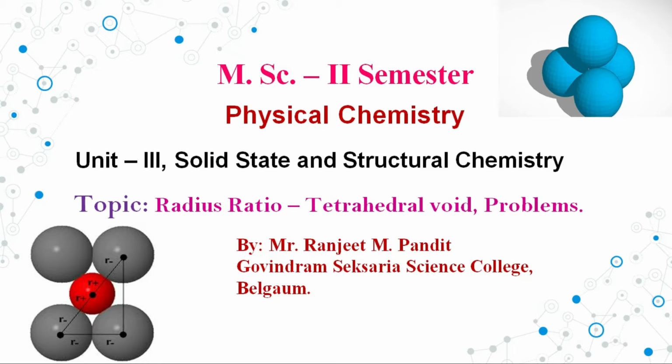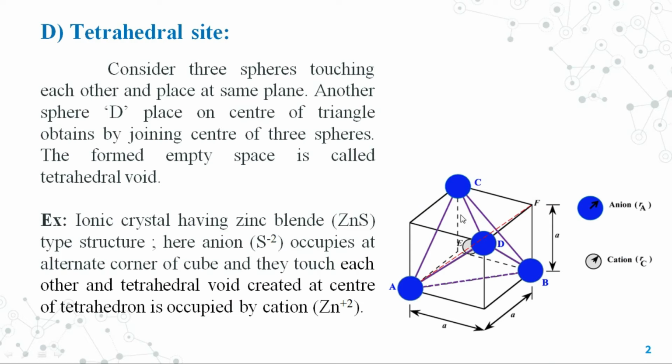Welcome all. In today's class we are going to learn the calculation of radius ratio in tetrahedral void, and we are going to solve some problems on this concept. The tetrahedral site or tetrahedral void is formed by placing a particle over a trigonal void.